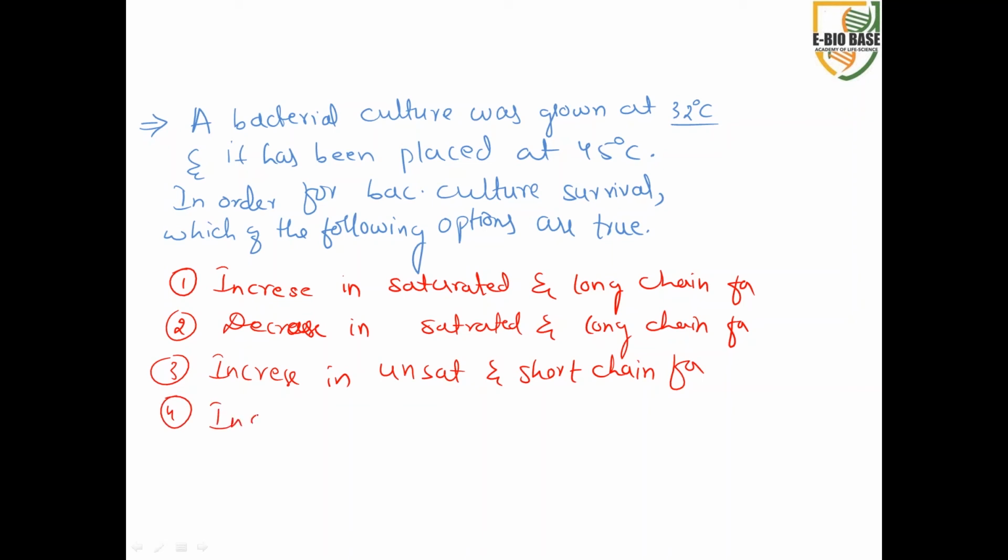Next, increase in saturated and short chain fatty acids. So these are the options. Try to answer this based on our concept. Anyhow, I'm going to explain it. Just think which would be the right answer. A bacterial culture which was grown at 32 degrees Celsius was placed at 45 degrees Celsius.